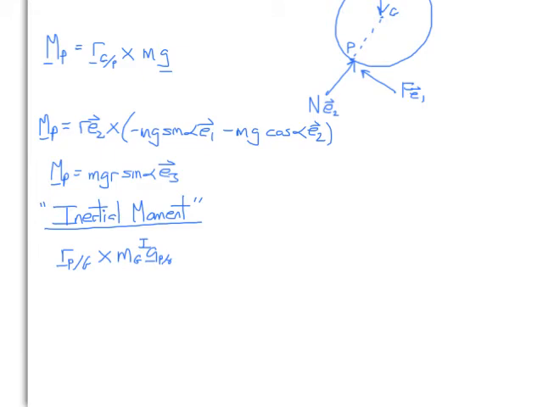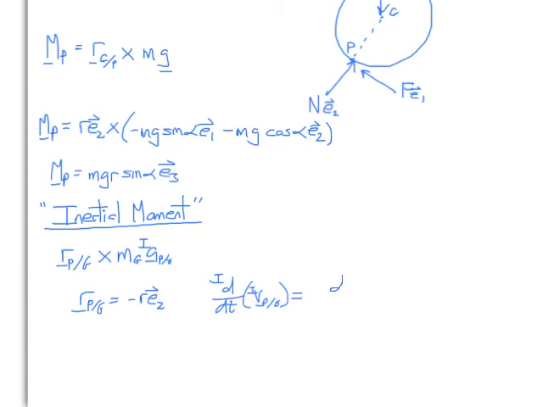Next we consider the inertial moment, which is the cross product of the position vector of P with respect to G with the mass times the acceleration of point P with respect to O. The r of P with respect to G we've already defined as negative r in the E2 direction. To get the acceleration of point P in the inertial reference frame, we take the time derivative of our velocity of P observed in the inertial reference frame.